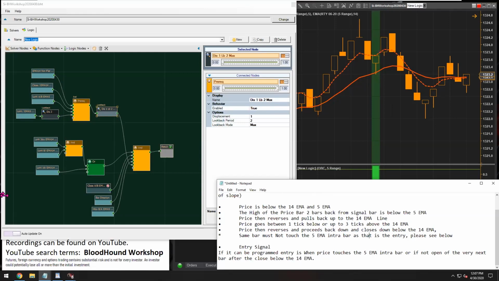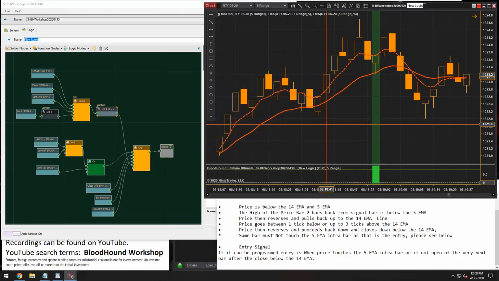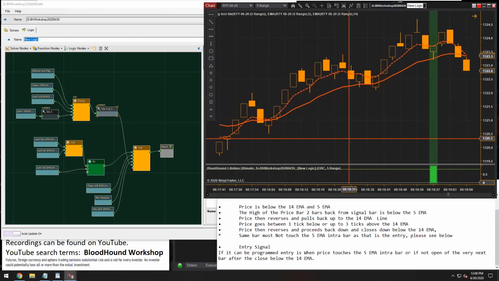This illustrates exactly what BloodHound is for, so you guys can quickly and easily analyze various system requirements and adjust them, find something that works a little bit better and a little bit better, and get rid of the things that look like they're just hindering the system. So, cool.